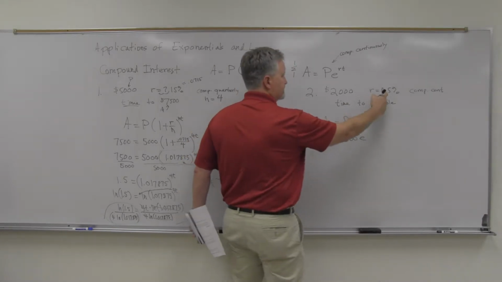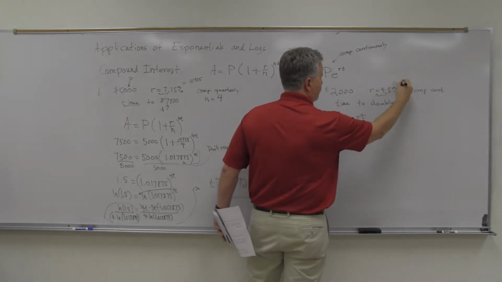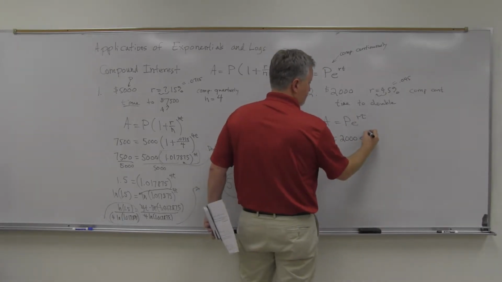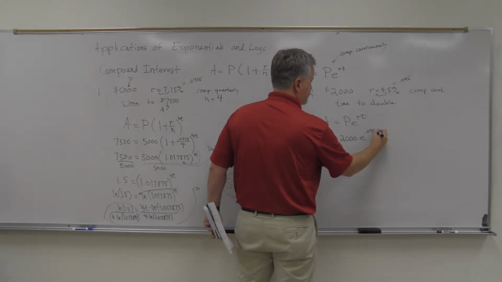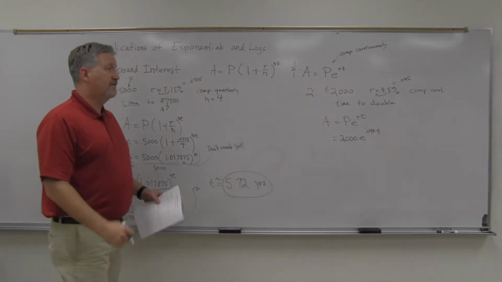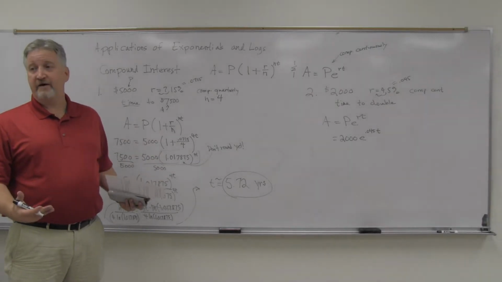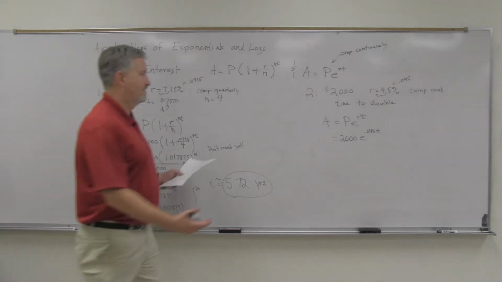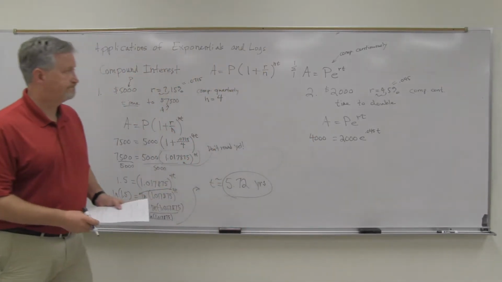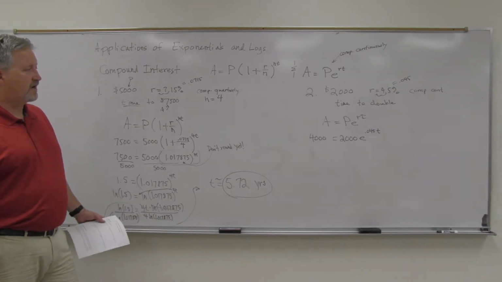The r is 4.5%, but again, that needs to be moved 2 places back, 0.045 is what I would plug in for the rate. t is the unknown. And in this case, we also know the A, the future amount, because I want the original amount to double. And so what is A? 4,000. So this is the equation to solve.